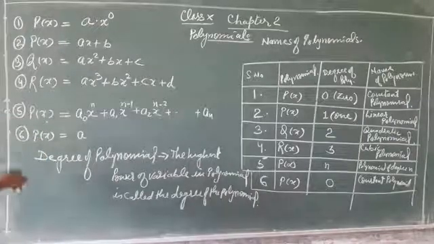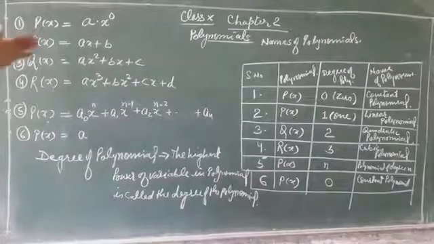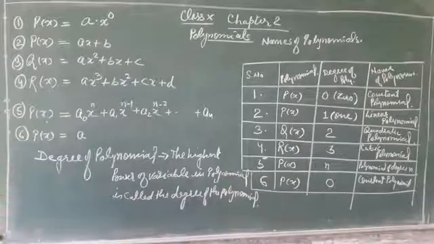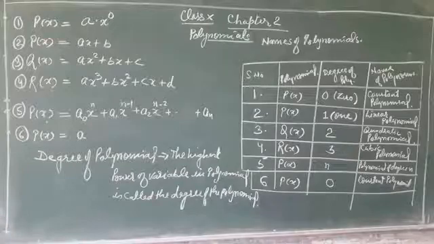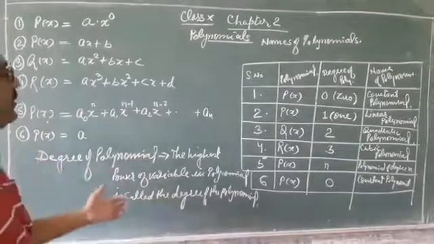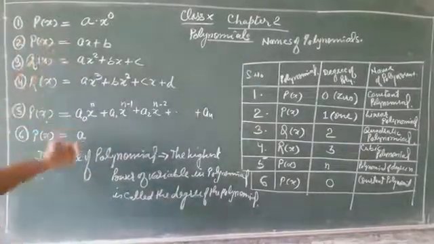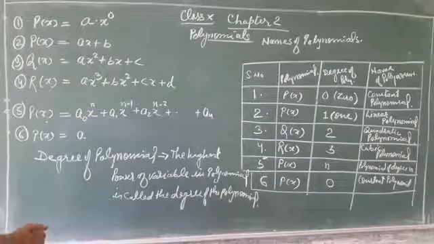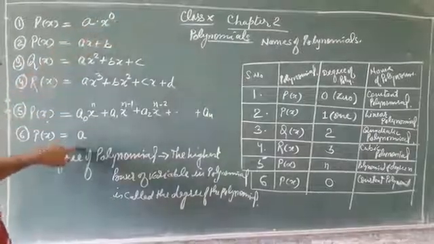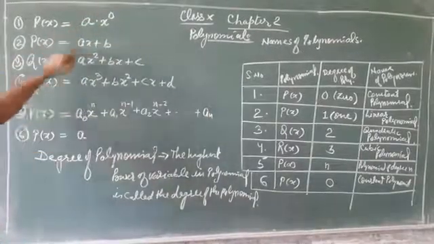So we repeat it. The polynomial is a systematic arrangement of variables, constants, coefficients with algebraic operations, and the highest power of variable is called the degree of polynomial. Suppose that here the degree is 0, it means this is called a constant polynomial.